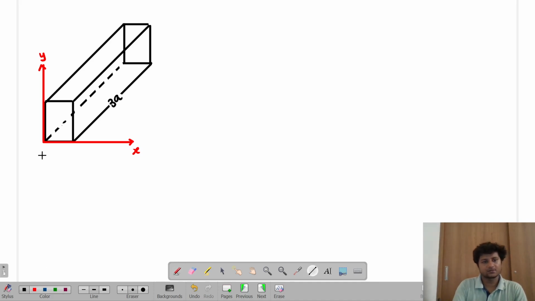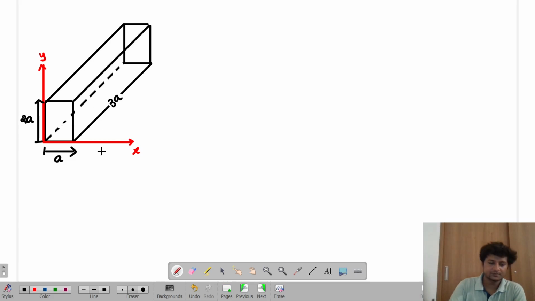And this length from here to here is given also. It is equal to a, while the Y length is twice of it. Got it or not?